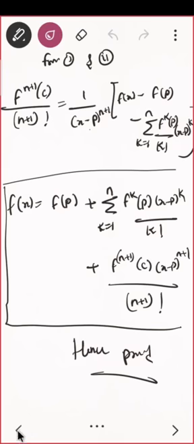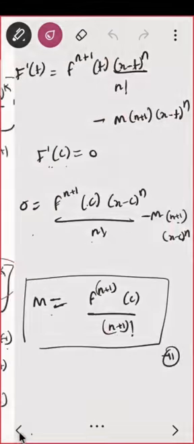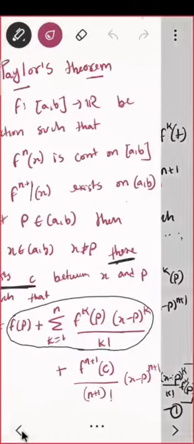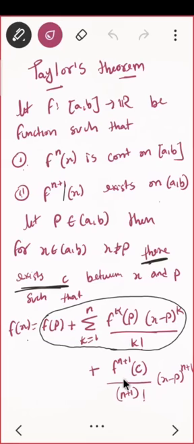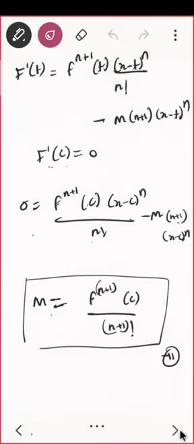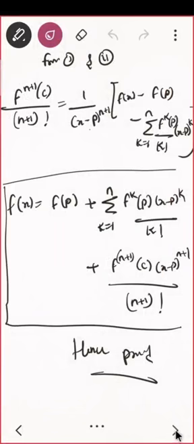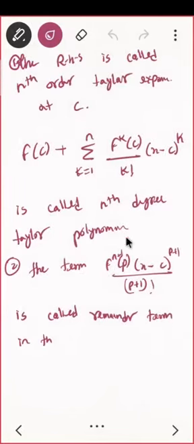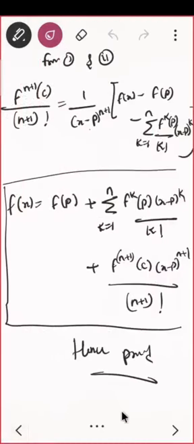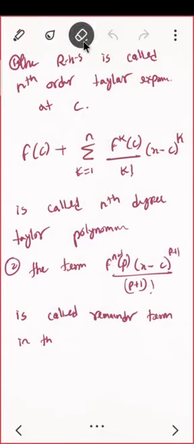Wait a second, am I mixing P and C? Let me check. Yes, f n plus 1 at p; here it was C and here it was P. So I had written it the other way around.